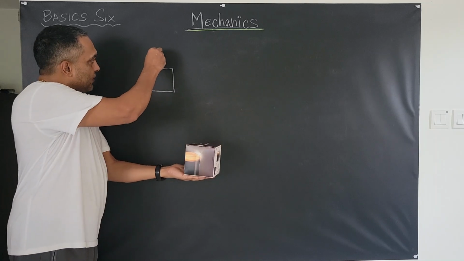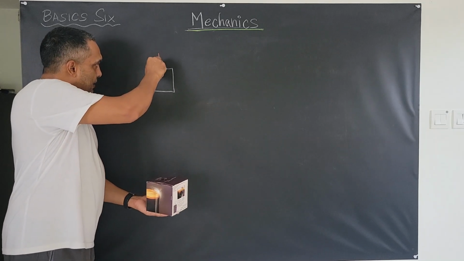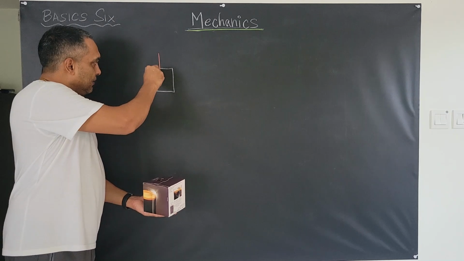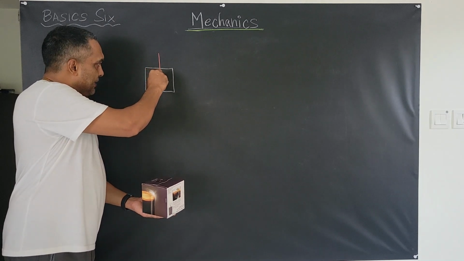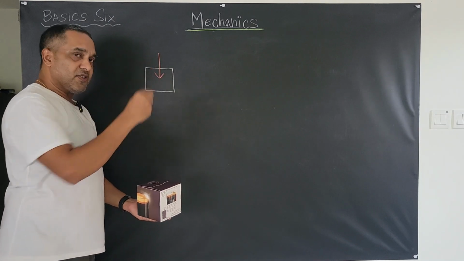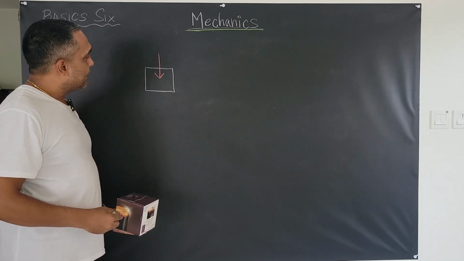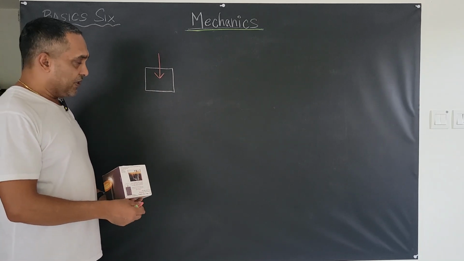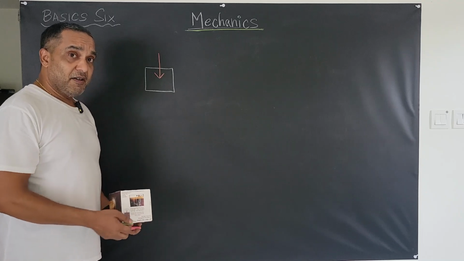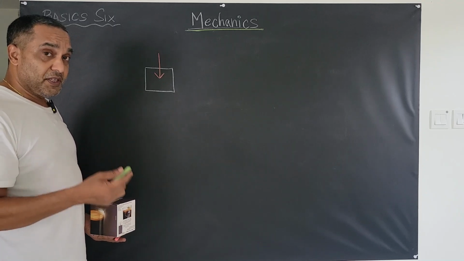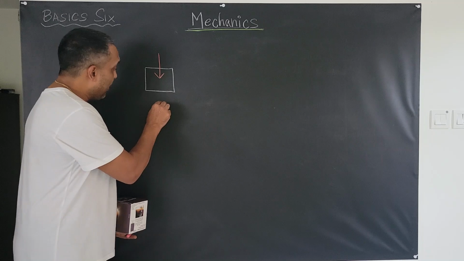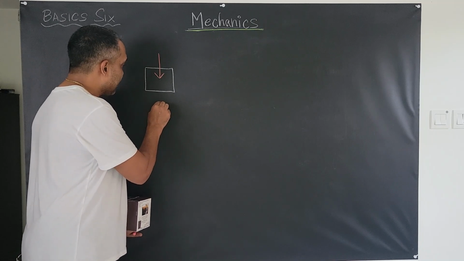So there is a force that's naturally acting down, and I'm going to draw it from the center of the box. There's a force acting downwards, and Newton's third law means an equal and opposite force exists as well. That's the reactive force.